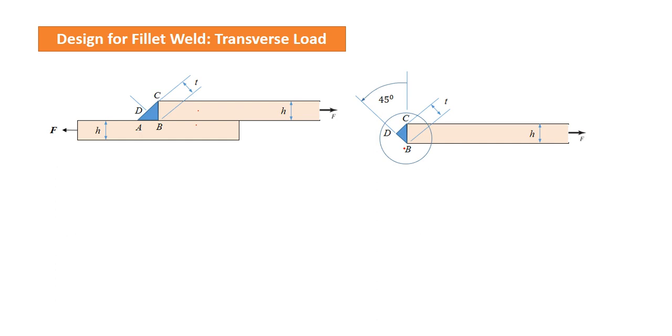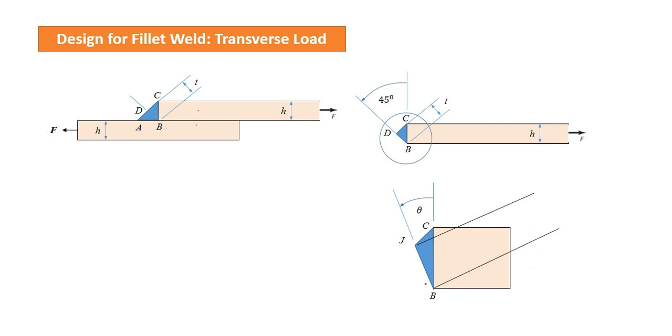In this case, if we go along the throat, this angle is 45 degrees, but in actual condition, the failure does not take place along this, which provides us the minimum resistance, but somewhere else. So to analyze that, we have to take an arbitrary plane which is making angle theta with this BC, and let us try to analyze what the stresses acting on the weld are due to this theta.